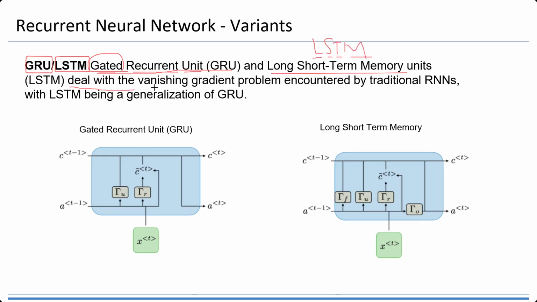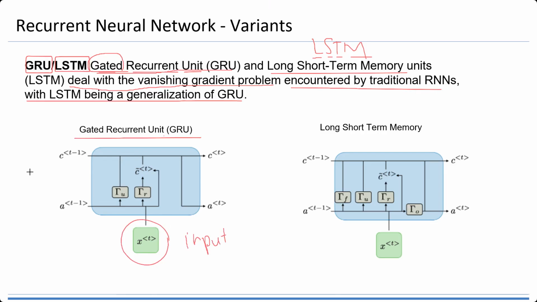It deals with the vanishing gradient problem encountered by traditional RNN, with LSTM being a generalization of GRU. So if you look at this GRU, the gated recurrent unit, if you still remember the X, X is the input.